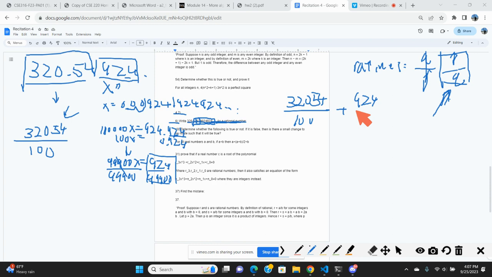Ultimately the answer you would get is whatever this is. By cross multiplication, 32,054 times 99,900 plus 924 times 100, all over 9,990,000. Put that into the calculator, and you should get back 320.54924.